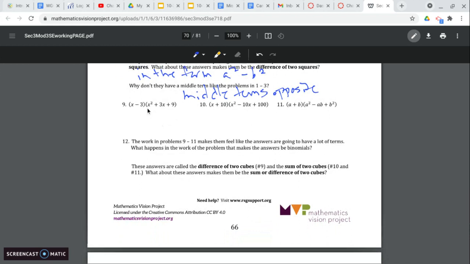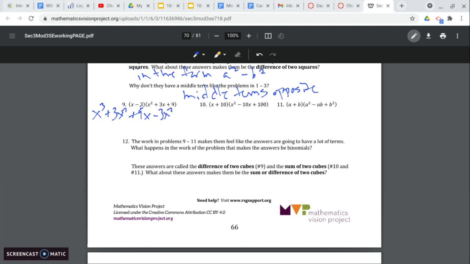All right, the last section, we have slightly more complex, obviously. So we're taking x times everything, and then we're taking negative 3 times everything. So x times x squared is x to the third. X times 3x is plus 3x squared. X times 9 is plus 9x. Then we take negative 3 times everything. So negative 3 times x squared is negative 3x squared.